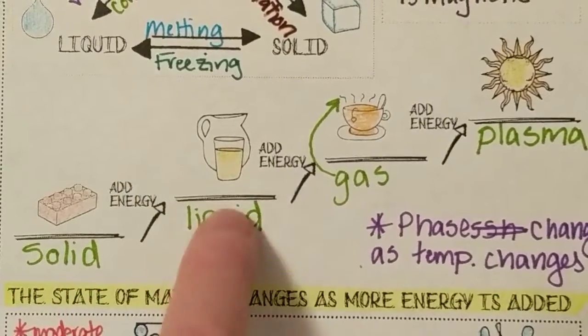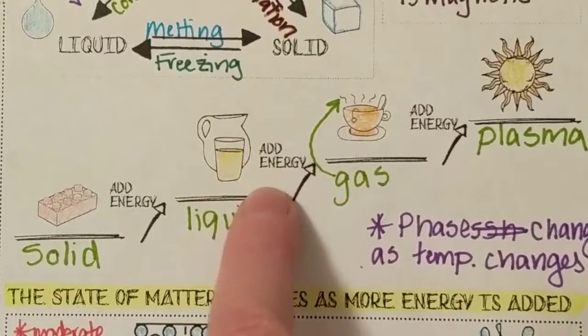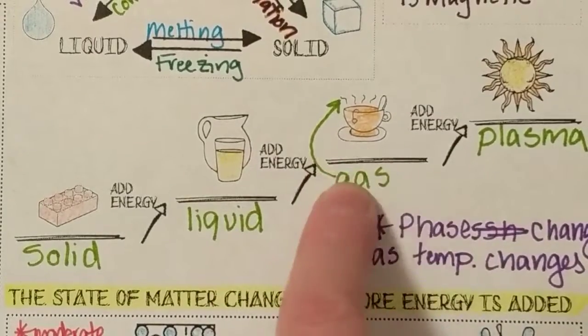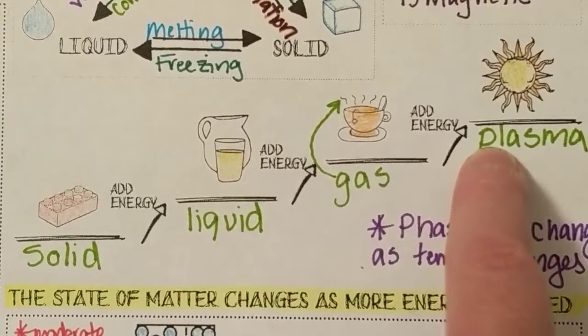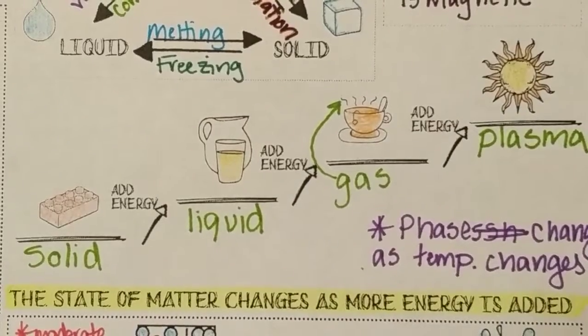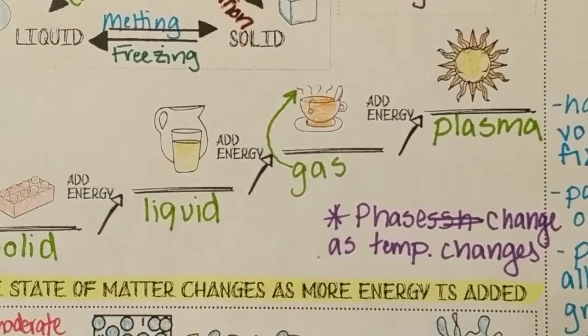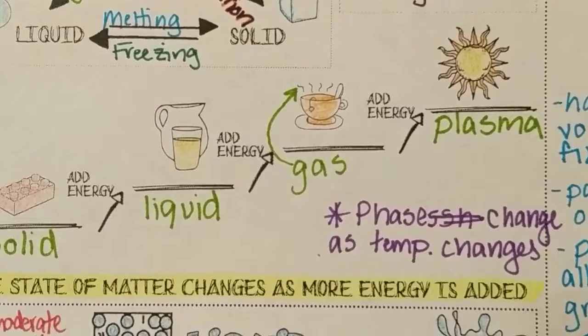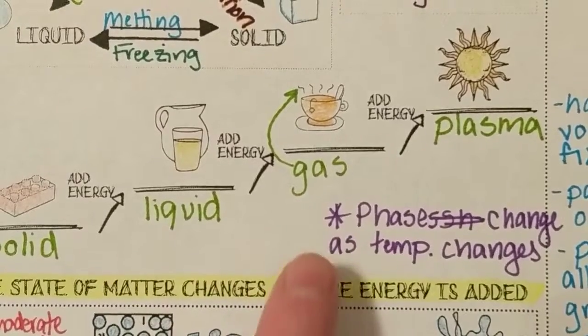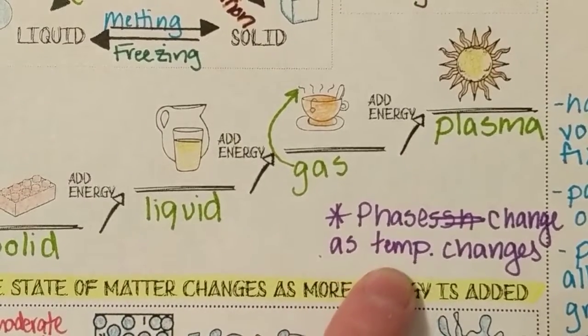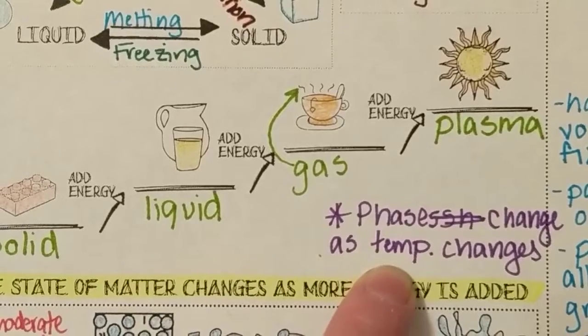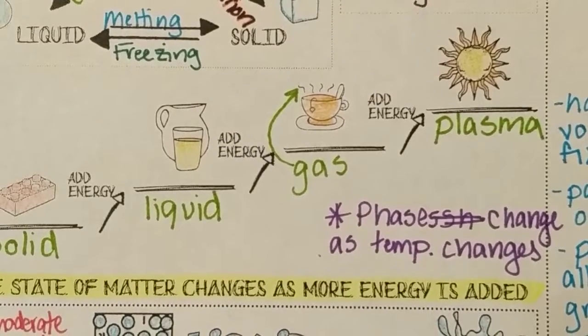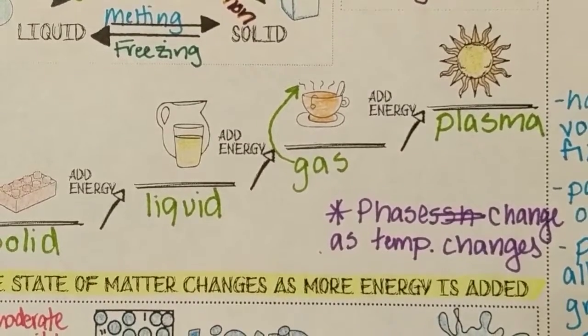In order to move from a liquid to a gas, we have to add energy. In order to move from a gas to a plasma, we have to add lots of energy. And also I want you to write down that phases change as temperature changes. So in order for a phase to change, there has to be a change in temperature.